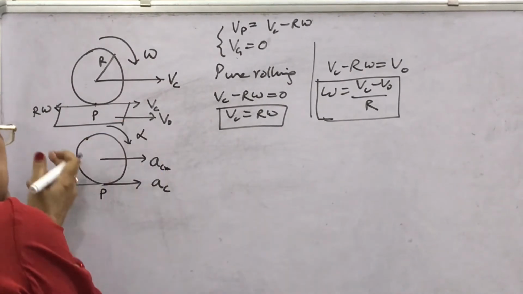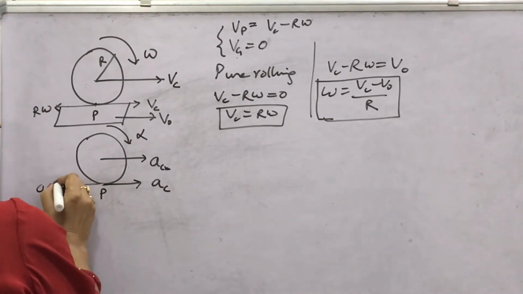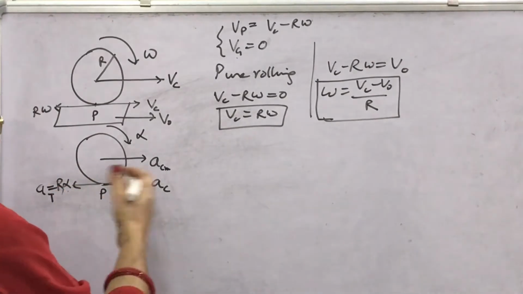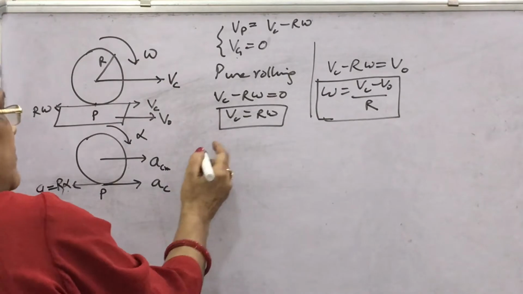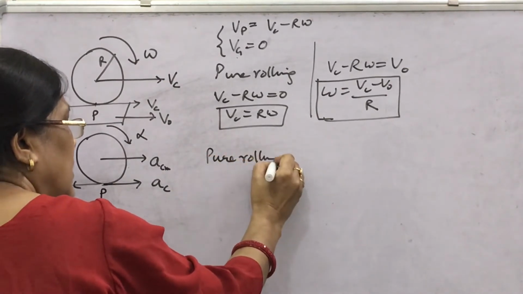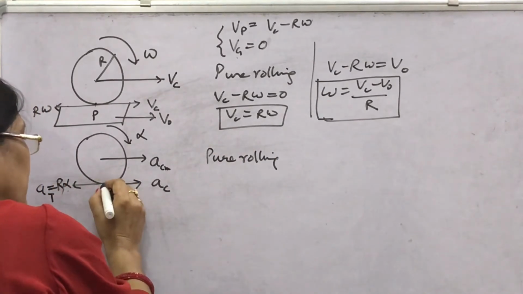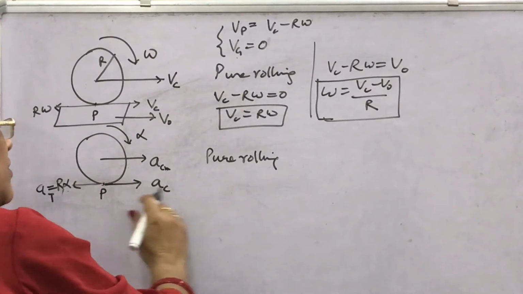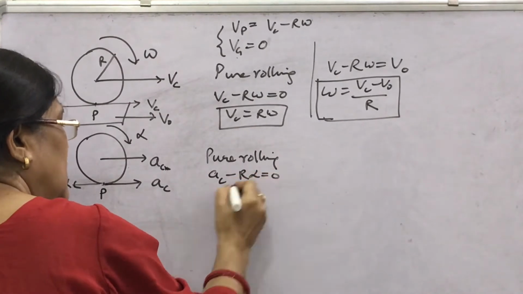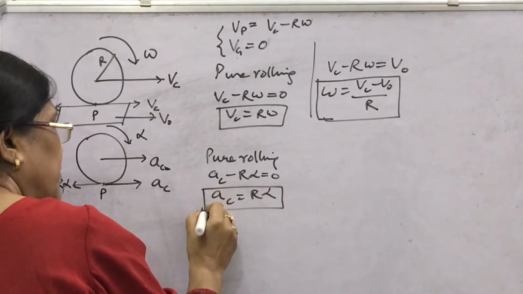Due to angular acceleration, a tangential acceleration at equal to r alpha is produced backward. Again we can derive the expression that for pure rolling there should be no relative acceleration of the lowermost point P with respect to ground. So what will you write here? ac minus r alpha is 0. Therefore ac equal to r alpha is the condition for pure rolling.